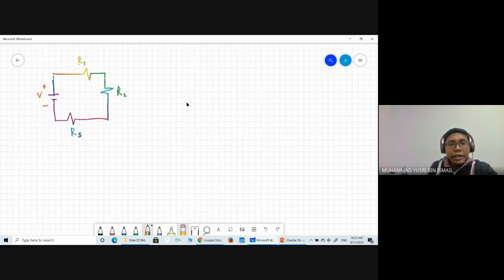Then you can use a voltage divider in order to determine the fraction of voltage at each of these resistors. So basically you can calculate the voltage at this resistor using a voltage divider. So this is a voltage divider.